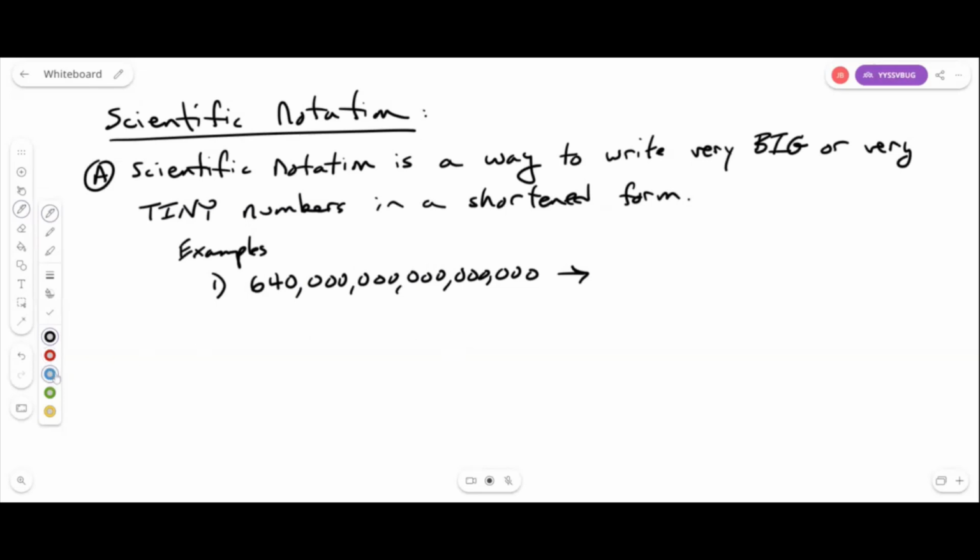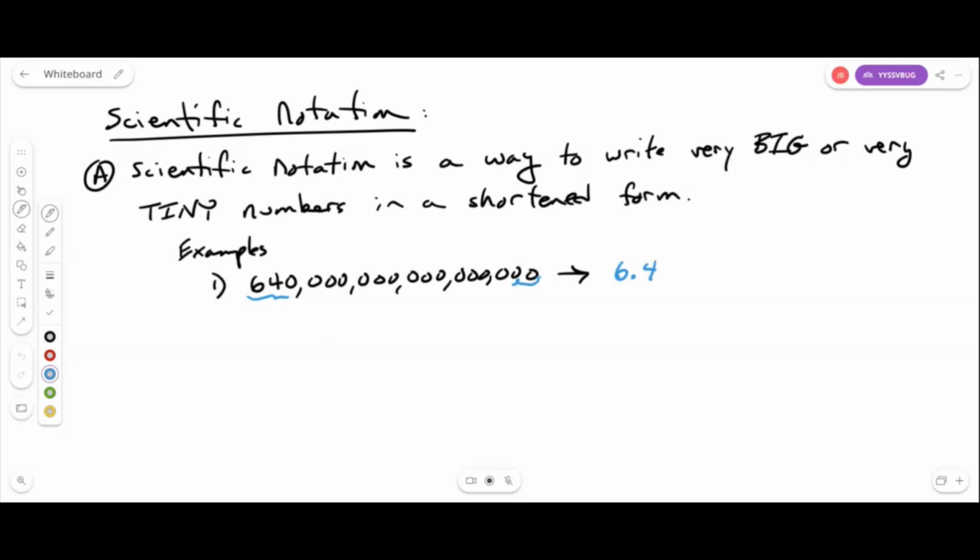So to change this into scientific notation, we're going to go into that a little bit more in depth in a minute. But basically, we're going to take this part of the number, and I'm going to move the decimal point to between the 6 and the 4.